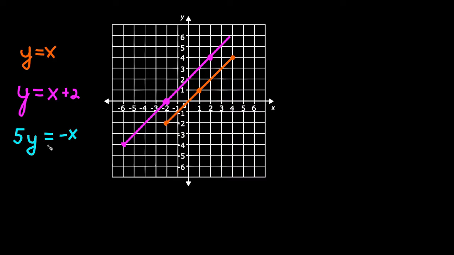Let's do one more. Let's say 5y equals negative x. So let's just plug in numbers for y like we've been doing. Let's say y equals 0. Then x equals negative 0, also known as 0. How about when y equals 1? When y equals 1, x is negative 5.